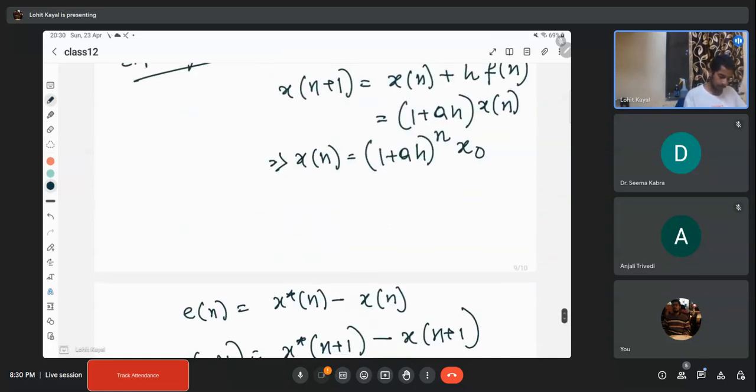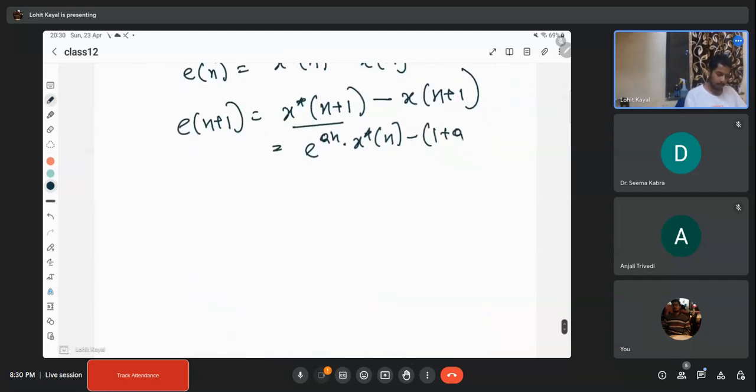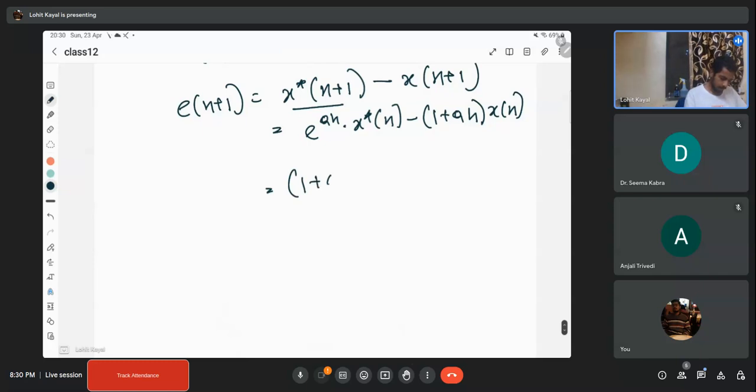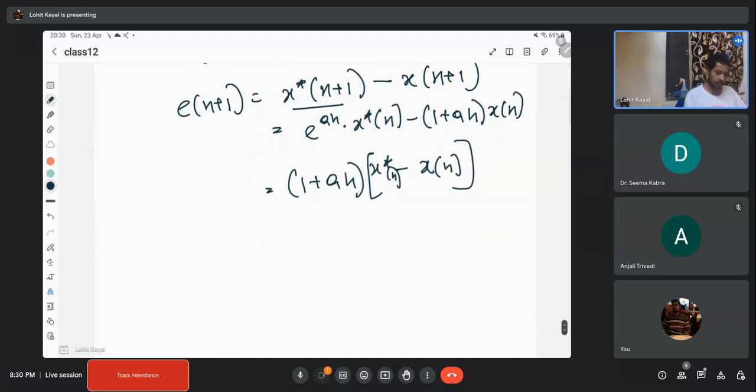And in place of x n plus 1, I can write minus of 1 plus a h x n. So I can remodify it. I am adding and subtracting 1 plus a h x star n, so that I can take common x star n minus x n. So I need to subtract the same amount. So it will be plus x star n times e to the power a h minus of 1 plus a into h.